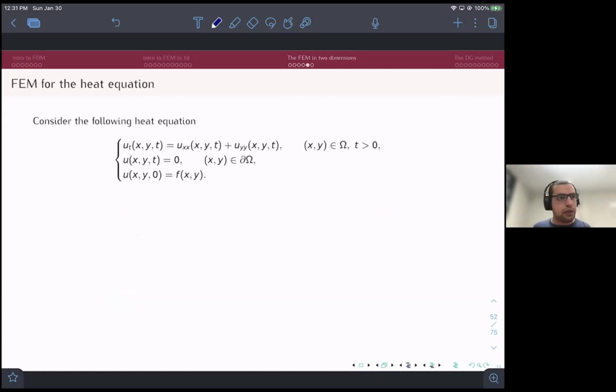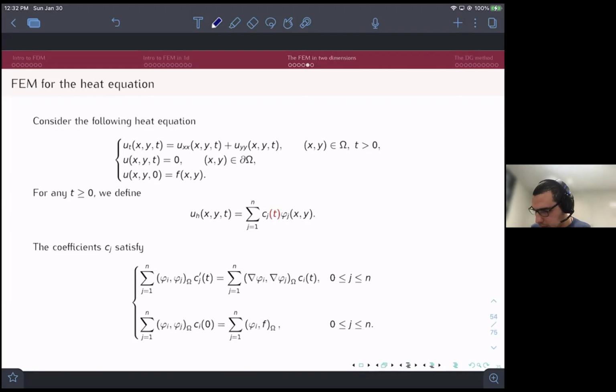We can do the same thing for the heat equation. The heat equation is very similar to the Poisson equation in the sense that it will be UT is equal to delta U with no additional cost. Here's how we do it. Instead of writing UH as the sum of Cj, Pj, we make the Cj's depend on T. Now this F right here is an initial condition, so it would appear later on in the ODEs.